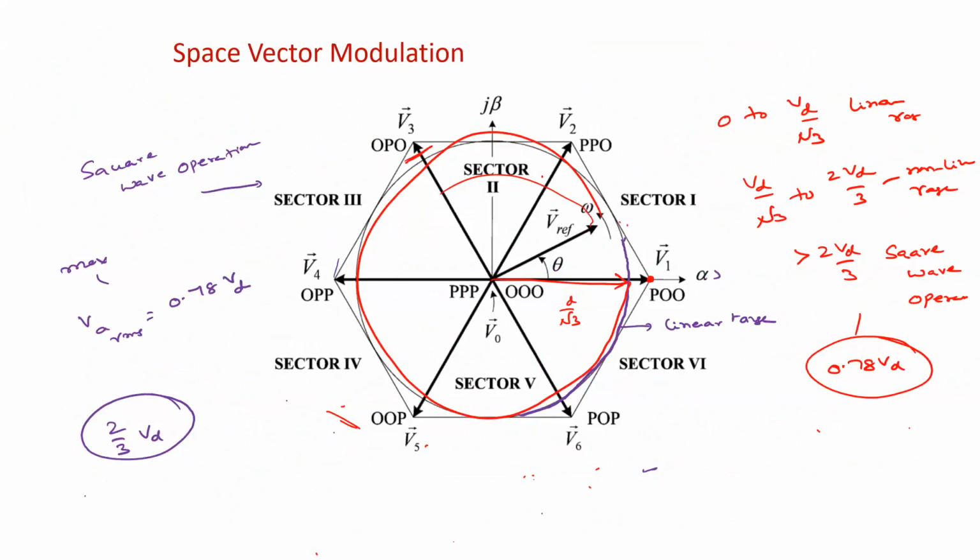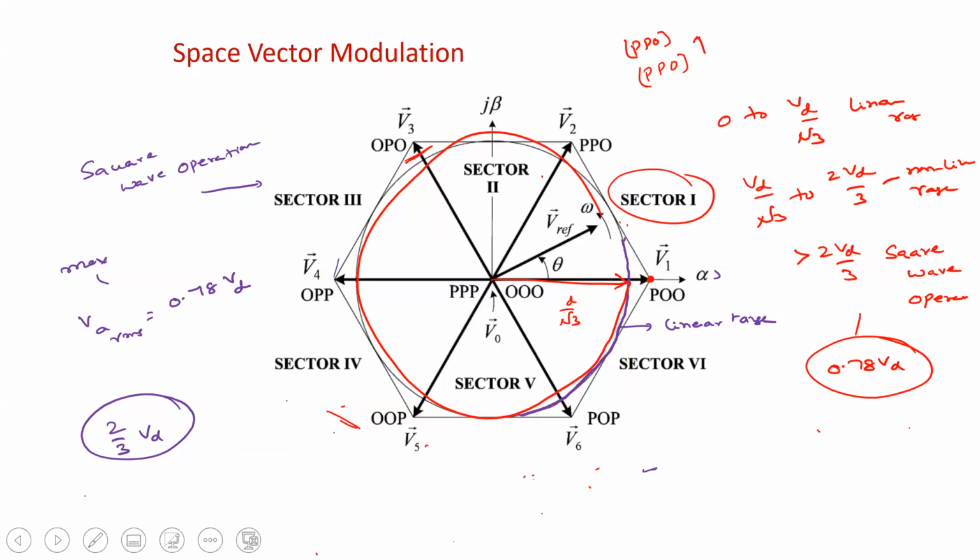Whatever the switch state is, we'll try to maintain the same switch state, or have a minimum number of switching transitions. For example, earlier it is in sector 1, and at the end of the sector the switch state is PP0. Now at the beginning of sector 2, we'll start with PP0 only, so that there is no transition in the switching states.